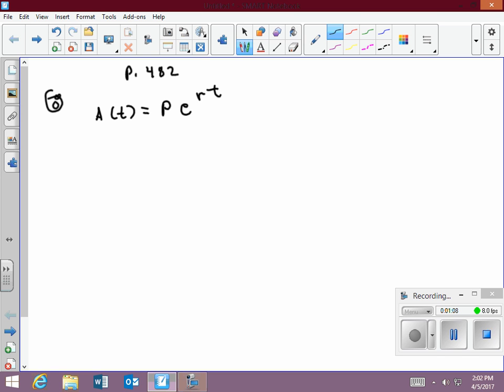So A of 3 years is $2,000, right? And they want to know the amount of money, so they want to know P. So you would have $2,000, and P is what you don't know, e, and the interest rate is 0.0025 because it's 0.25%, and then it's 3 years, right?